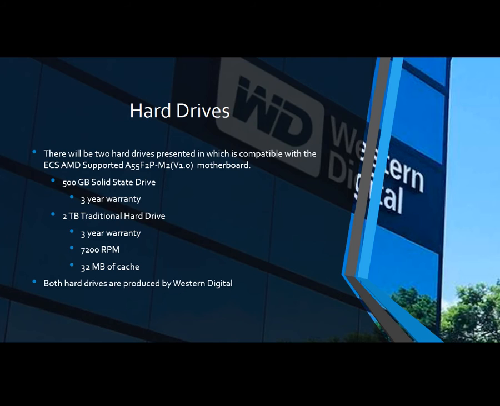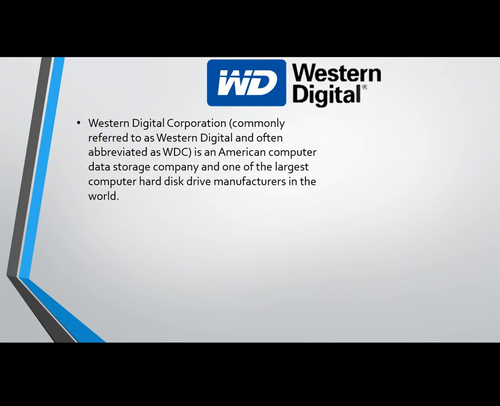Both drives are produced by Western Digital. Western Digital Corporation, referred to as Western Digital, often abbreviated as WDC, is an American computer data storage company and one of the largest computer hard disk drive manufacturers in the world.